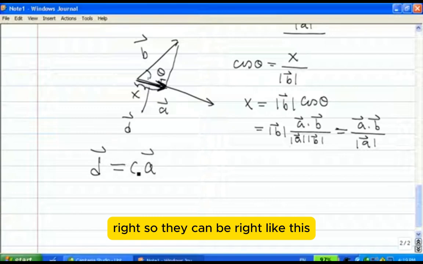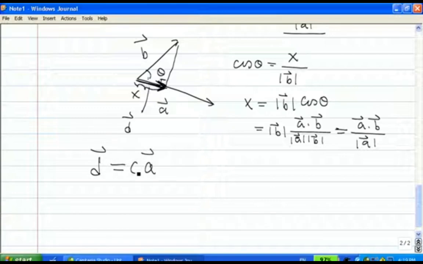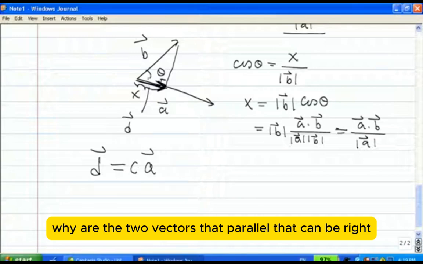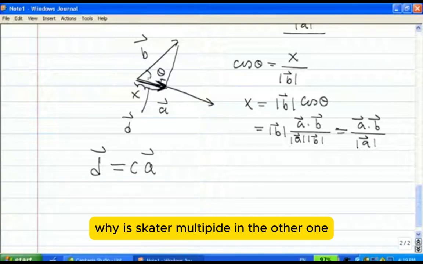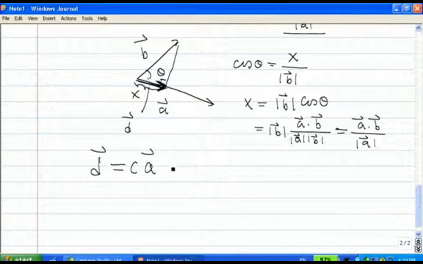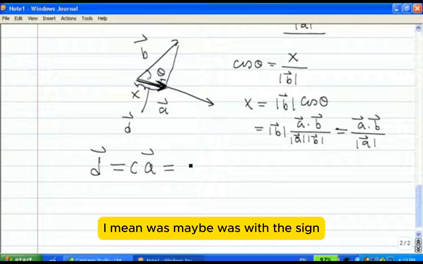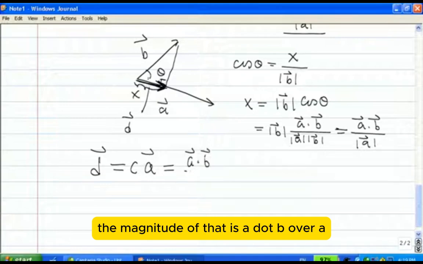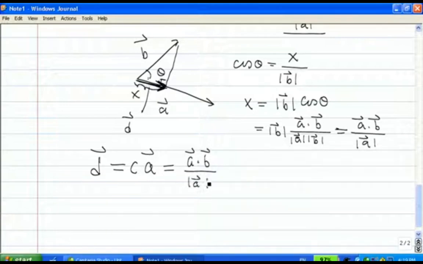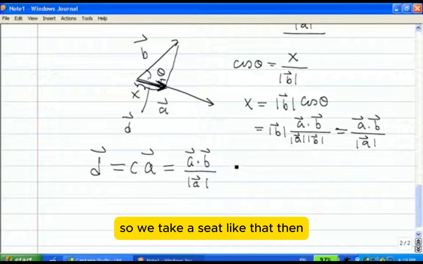Whenever 2 vectors are parallel, they can be written as one being a scalar multiple of the other. And we know the magnitude of that, maybe with a sign, is a dot b over the magnitude of a.